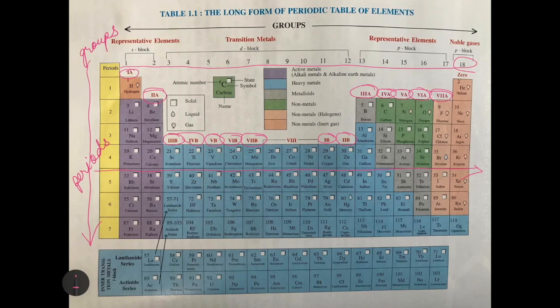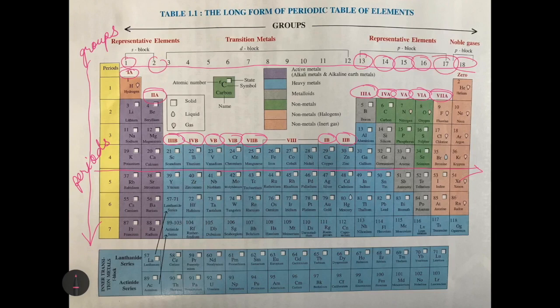Now elements of subgroup A, that is 1A, 2A, 3A, 4A, 5A till 7A, that is group number 1. You can see 1, 2, then 13, 14, 15, 16, 17.